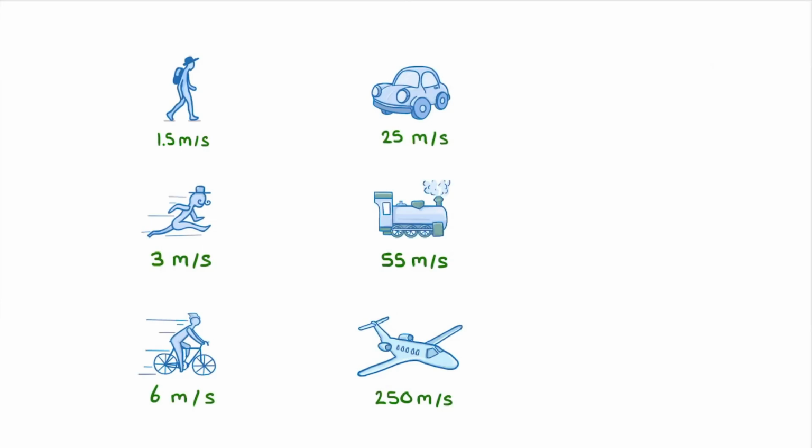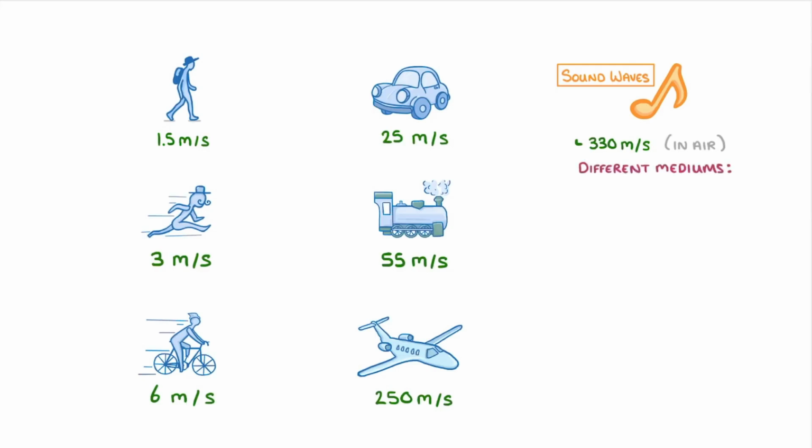It's not only the speed of objects that varies though. As we'll see in a later video, sound waves travel at 330 meters per second when they're in air, which is a figure that you need to remember. But when they're traveling through different mediums, like water, their speed changes.